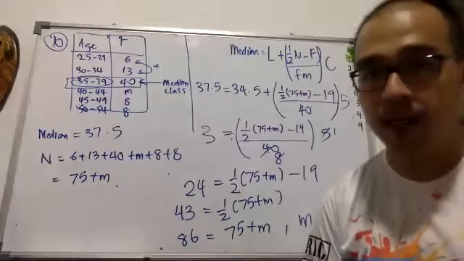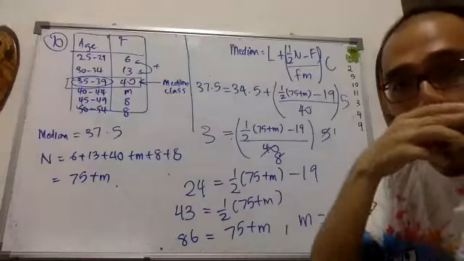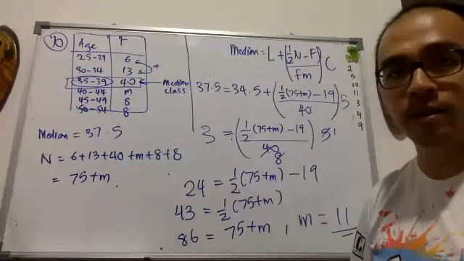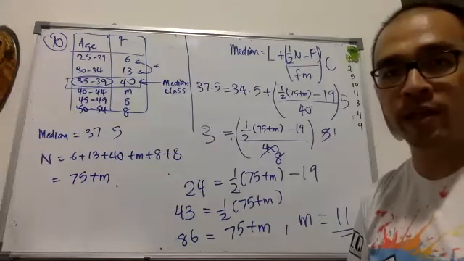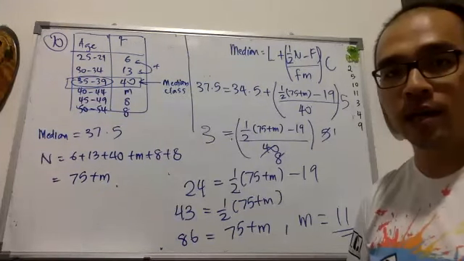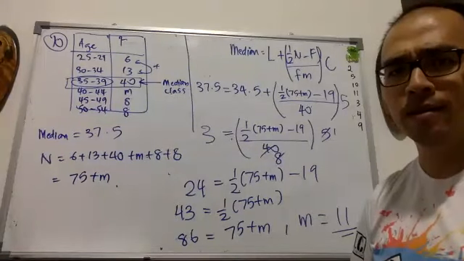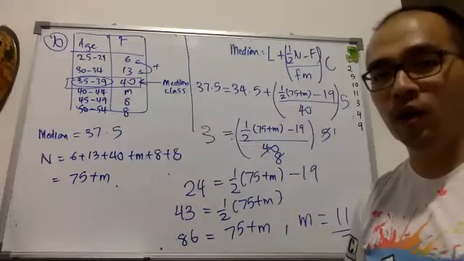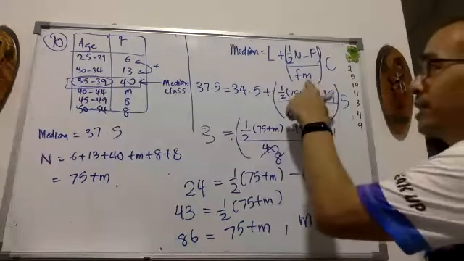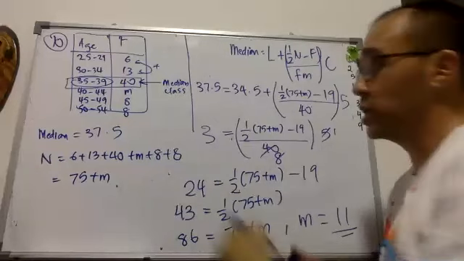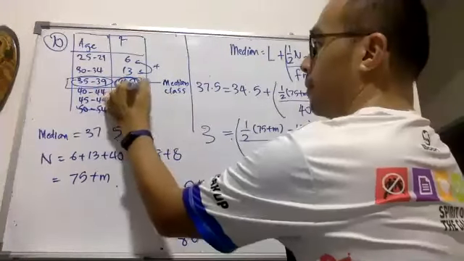Small f. Somebody messaged me privately and said small f. What about Fm? Fm is the frequency of the median class, which is this one.